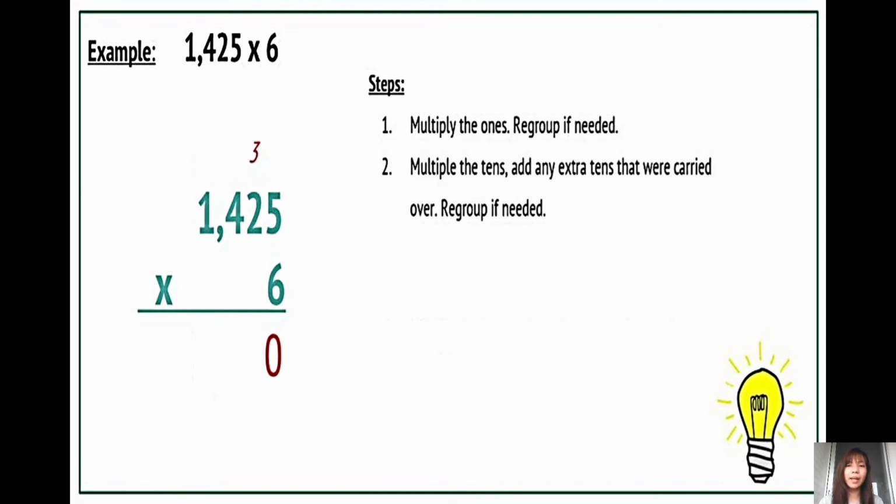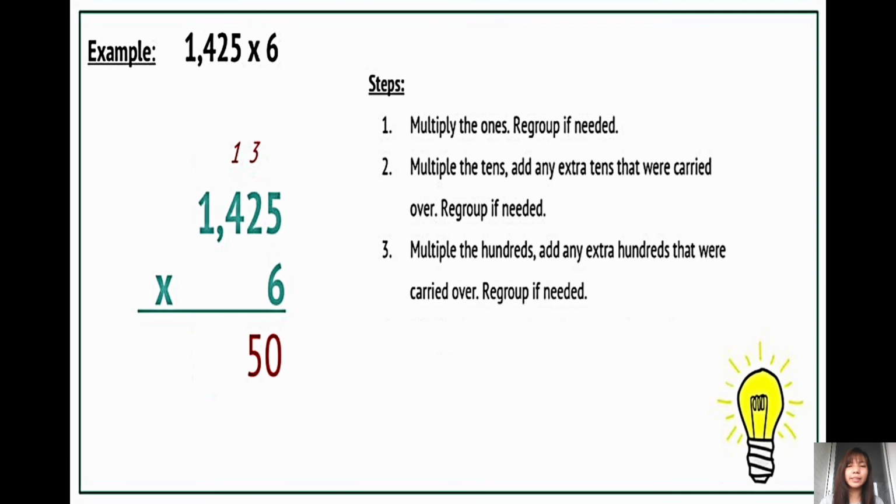Multiply the tens, add any extra tens that were carried over, regroup if needed. So here's the tens place value, which is 2. 2 times 6 is 12, plus 3 is 15. So write 5, carry over 1.